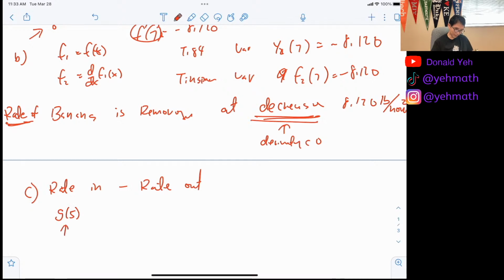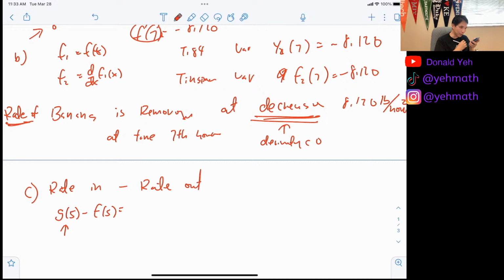So this is at the 7th hour. And this one is G of 5 minus F of 5. Does that make sense? We'll include the 7th hour. Yeah, you have to say 7th hour, yes, because it's 7.